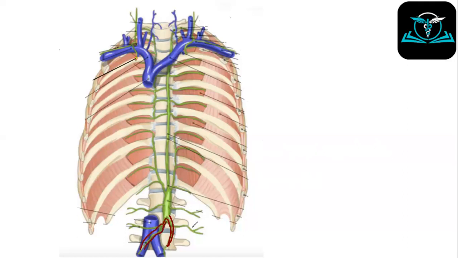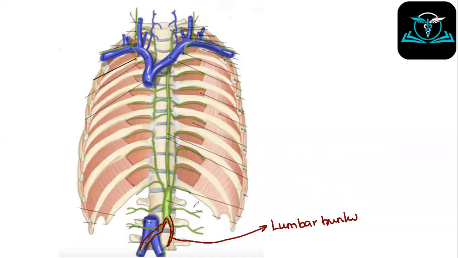Okay, so they are the lumbar trunks. So they would bring lymph from the lower parts of the body, so the legs, the perineum, the pelvis.